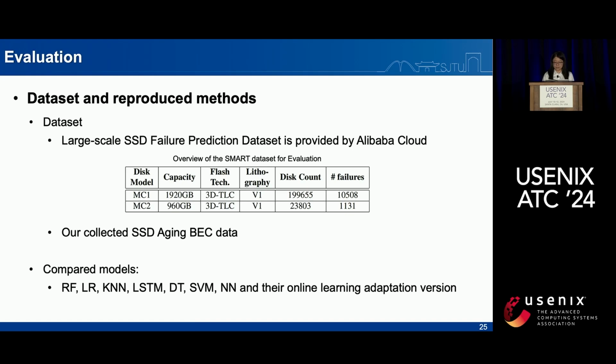We reproduce the state-of-the-art multi-view random forest, logistic regression, k-nearest neighbor, decision tree, neural networks, and their online adaptation algorithms from the related work. But please keep in mind that these compared networks only rely on the SMART attributes.